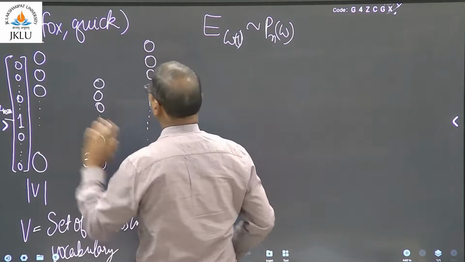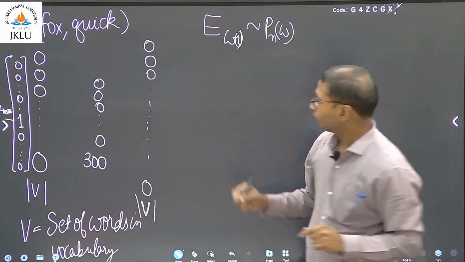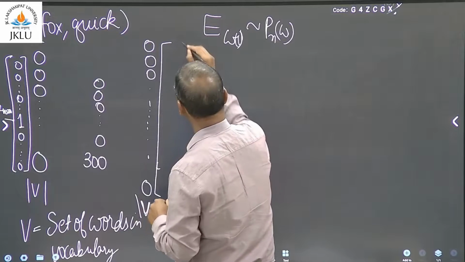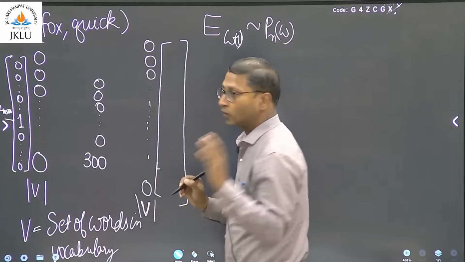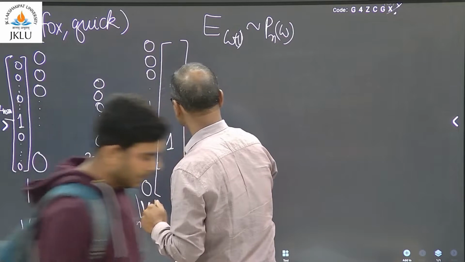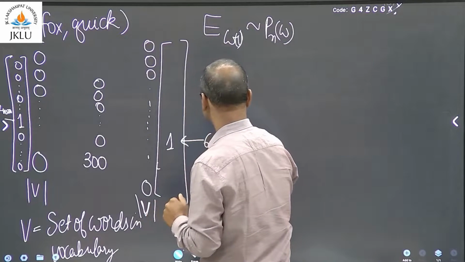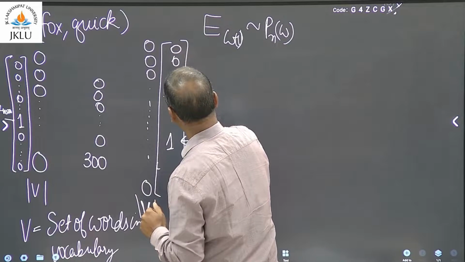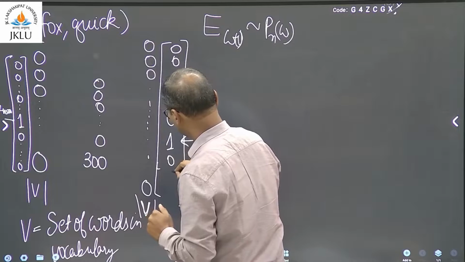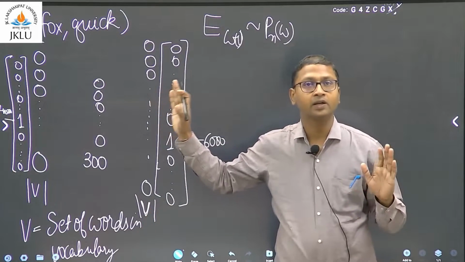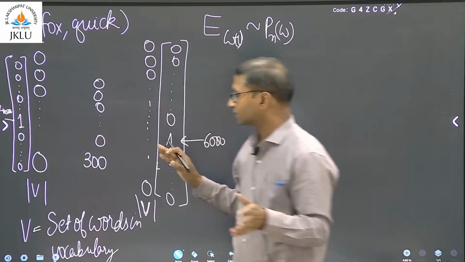And what do we want in the output? We want our model to output a one hot vector corresponding to quick, in which there will be 1 at 6000 and everywhere else we will have 0. So we also wrote a cost function for it, right?